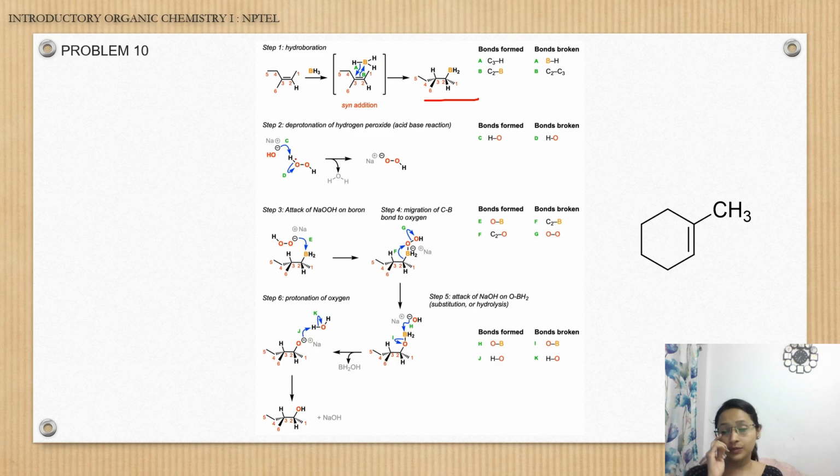Then hydrogen peroxide attacks this particular boron, followed by migration. After migration, NaOH attacks the boron to give this oxygen anion, which takes the proton. This is how you get an alcohol: in the place of BH2, OH is placed. So this is how the mechanism works.